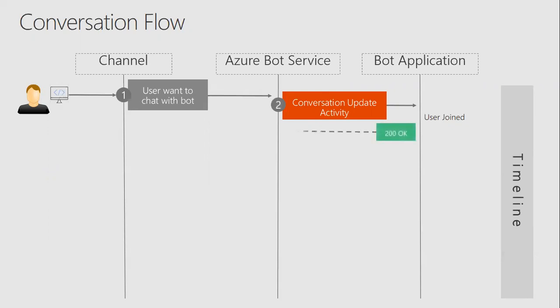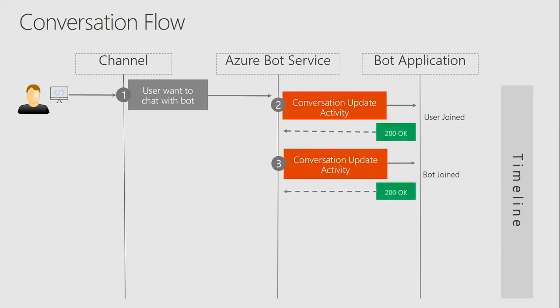After the user joins the conversation, the bot service will send a conversation update activity to notify that the bot has also joined the conversation. For each conversation update activity, the bot application will respond with the 200 status code, which is the HTTP success code. So the bot responds to these activities.